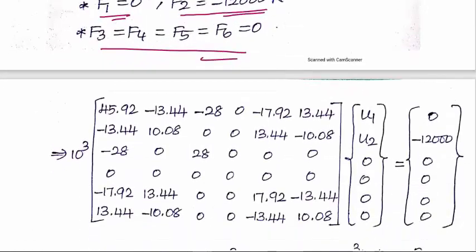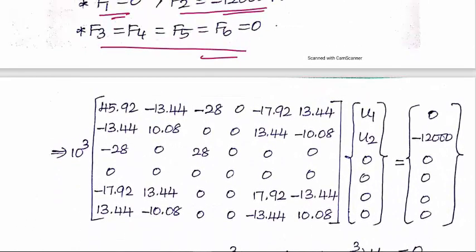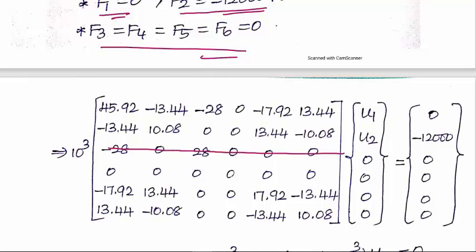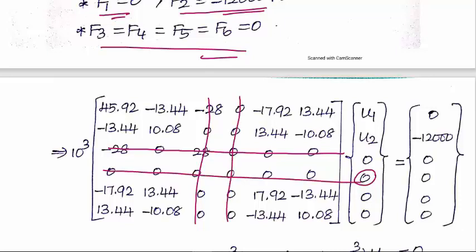So on applying the boundary conditions in the finite element equation, we will arrive at this step. Here U3 value is equal to 0. So the third row and third column of the matrix can be neglected. U4 value is 0. So the fourth row and fourth column of the matrix can be neglected. U5 value is 0. So the fifth row and fifth column of the matrix can be neglected. And U6 value is 0.